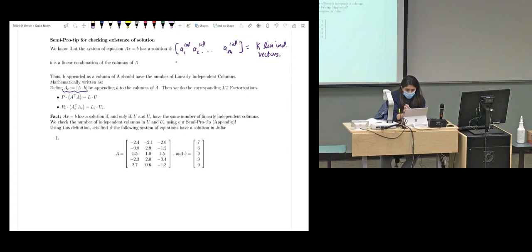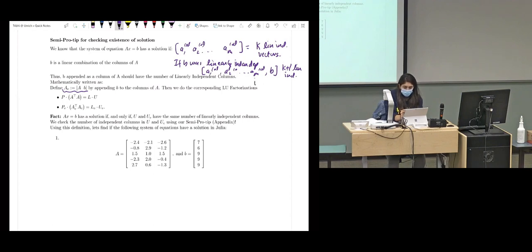If I add B to it, and B was linearly independent, then this set, A1 column, A2 column, AM column with B, will have K plus 1 linearly independent columns.